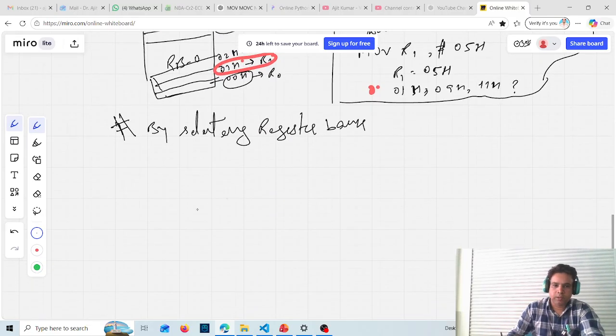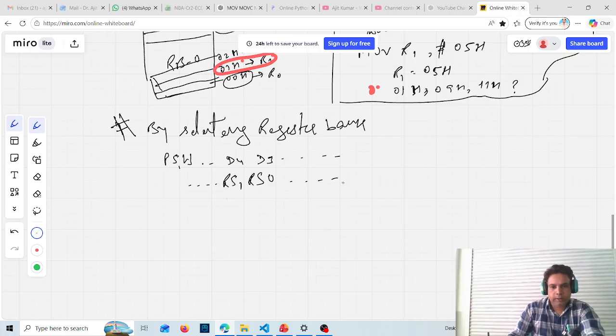Now recall this was our PSW register. We have seen the PSW register in which RS1 and RS0 are the 3rd and 4th bits, and these other bits I'm not talking about.